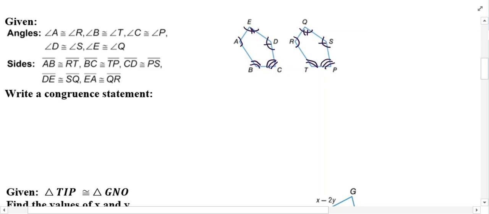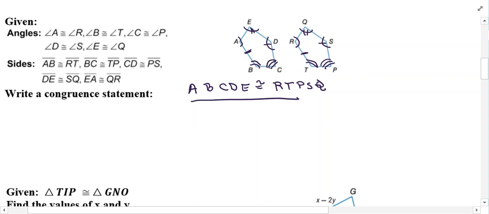If we go through the list of corresponding sides, we'll find that the corresponding sides are congruent. So to write the congruent statement, I follow this list of angles. I can say that A, B, C, D, E is congruent to R, T, P, S, Q, and that's my congruent statement.